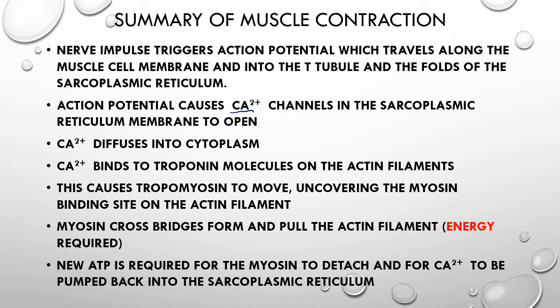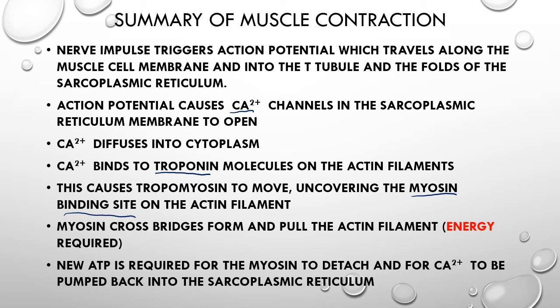Those calcium release channels open up, calcium comes into the inside of the cytoplasm, floods the inside, it binds the troponin, changes the shape of that troponin, moves tropomyosin out of the way, and now our myosin binding sites are exposed. Myosin can form a cross bridge with the actin.